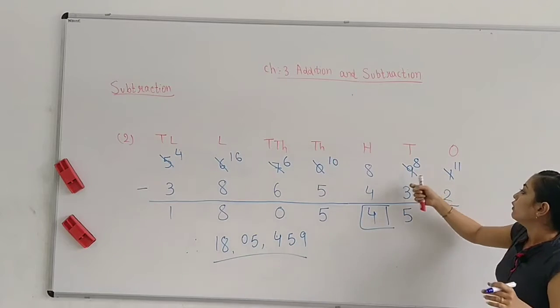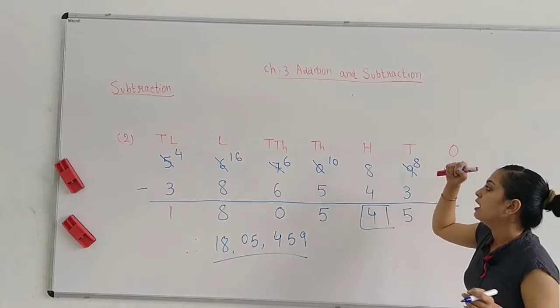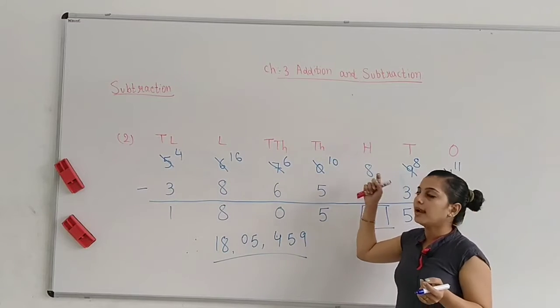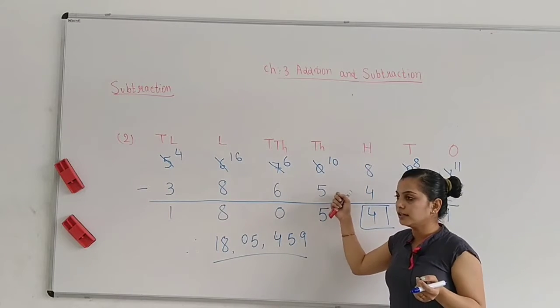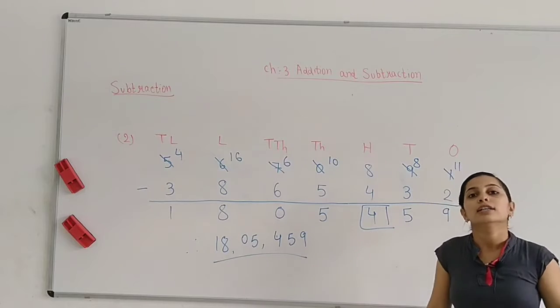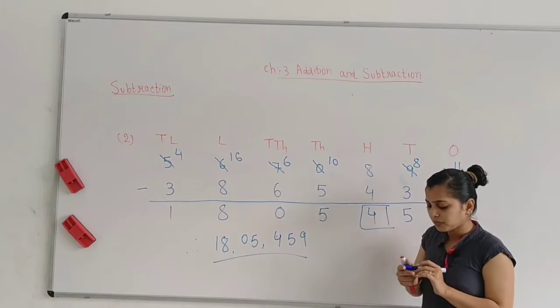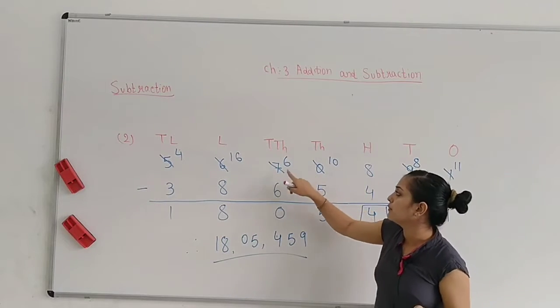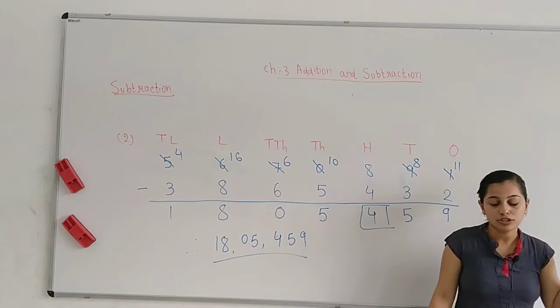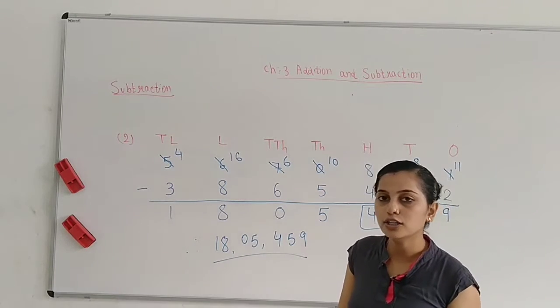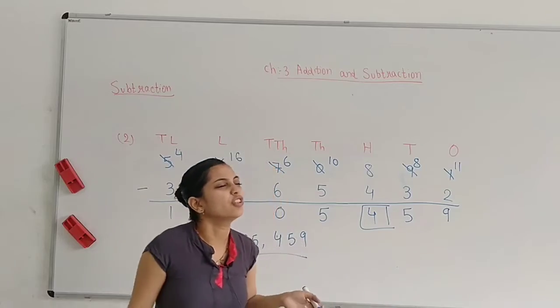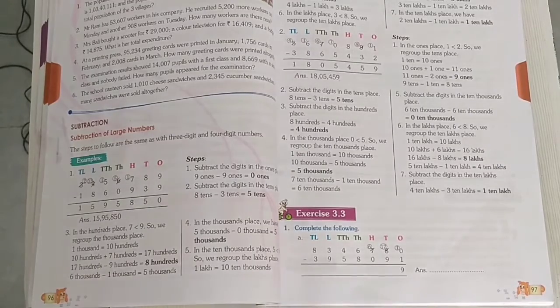Same way here, when there is a smaller digit at the upper side and a greater digit at the lower side, we will borrow a number from the next left digit. Understood? Good. So now we will start exercise 3.3, which is complete the following.